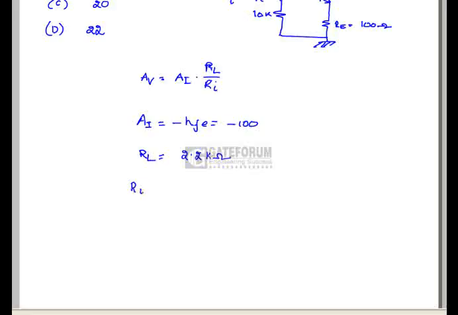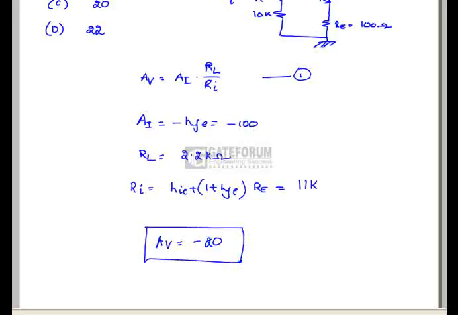The input resistance for the common emitter with RE equals HIE plus 1 plus HFE times RE. After substituting the given values, we get 11K as the input resistance. Substituting the values in equation 1, we get AV as minus 20, which is option B.